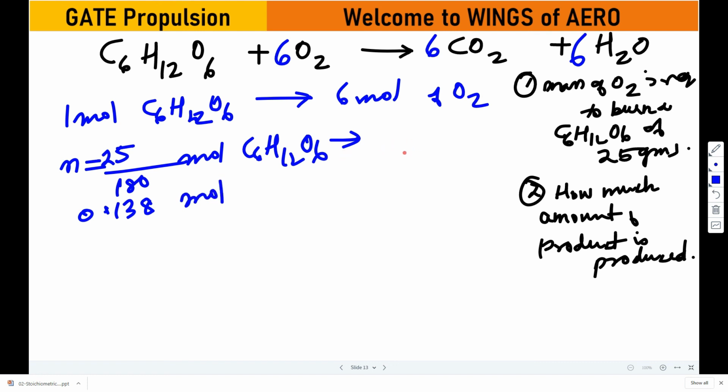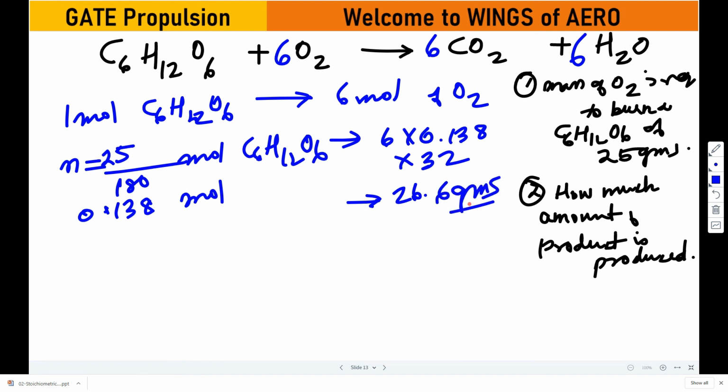Then how much oxygen is required? 6 into 0.138 into 32. When we resolve that, you get the answer around 26 point something, 26.6 grams.